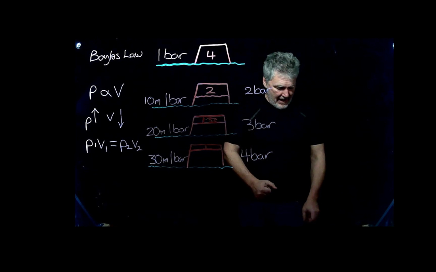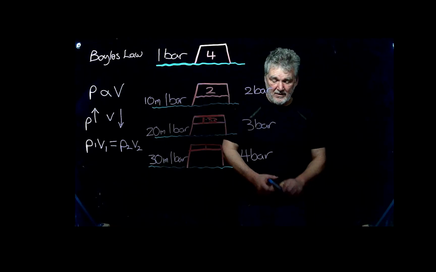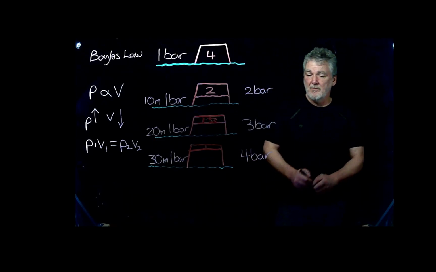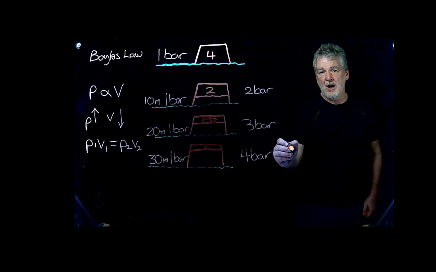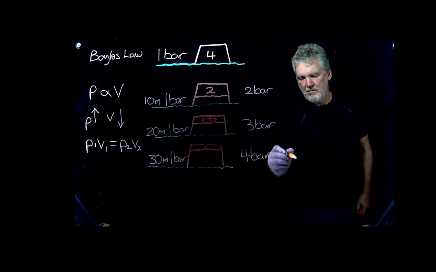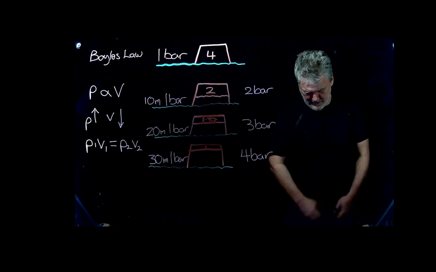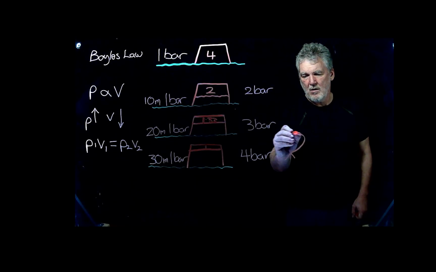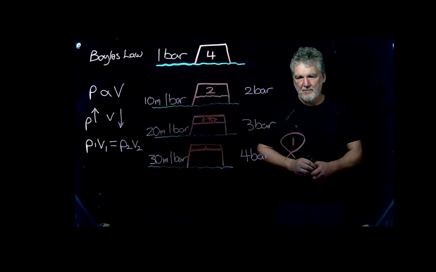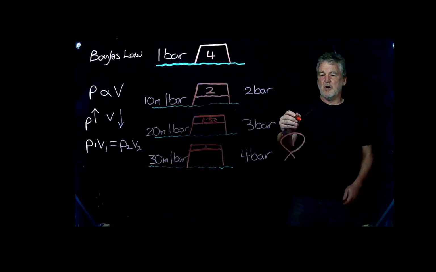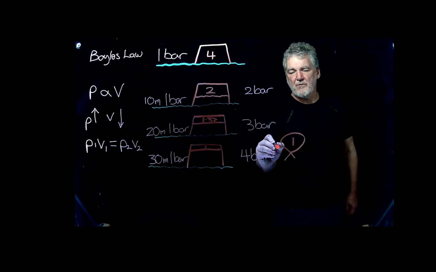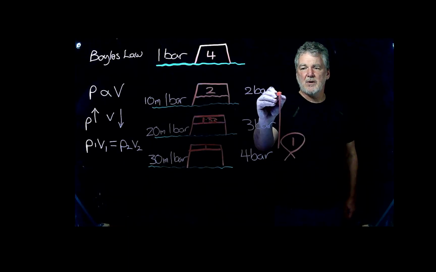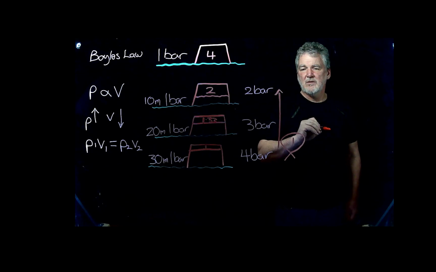That's great. Now, what we're going to do is exactly the opposite. We're going to have a balloon, and we're going to fill this balloon up at the bottom with 1 liter of air. Now, as this balloon goes up to the surface, the pressure is going to go from 4 bar, I'm going to take it up here, to 10 meters.